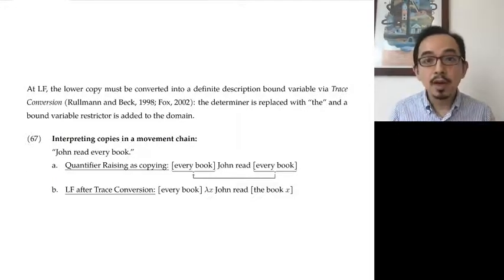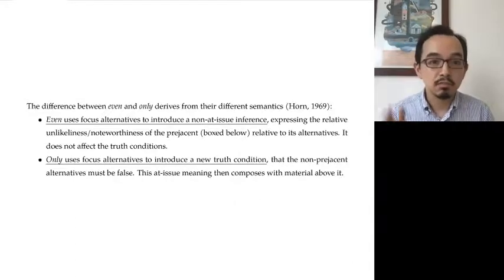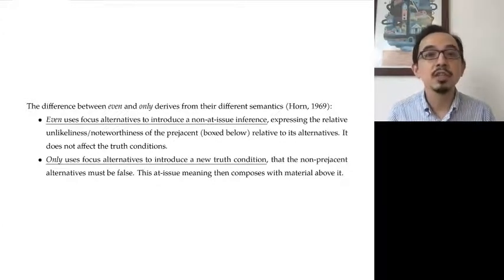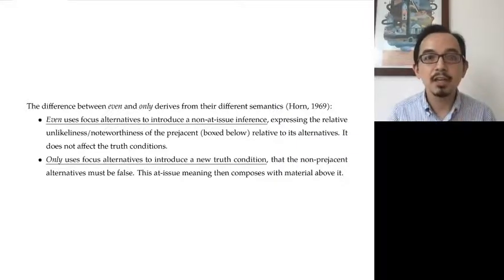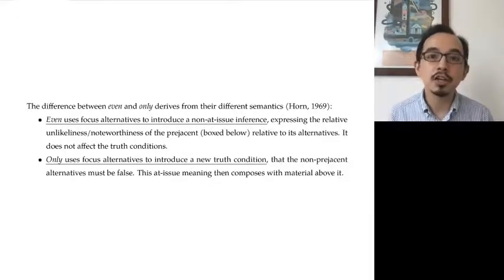So now, what is the difference between even and also and only? I claim that the difference that matters actually is their semantic contribution. Even uses its focus alternatives, and also as well, but I'm just going to illustrate with even. Even uses focus alternatives in its scope to introduce a not-at-issue inference.